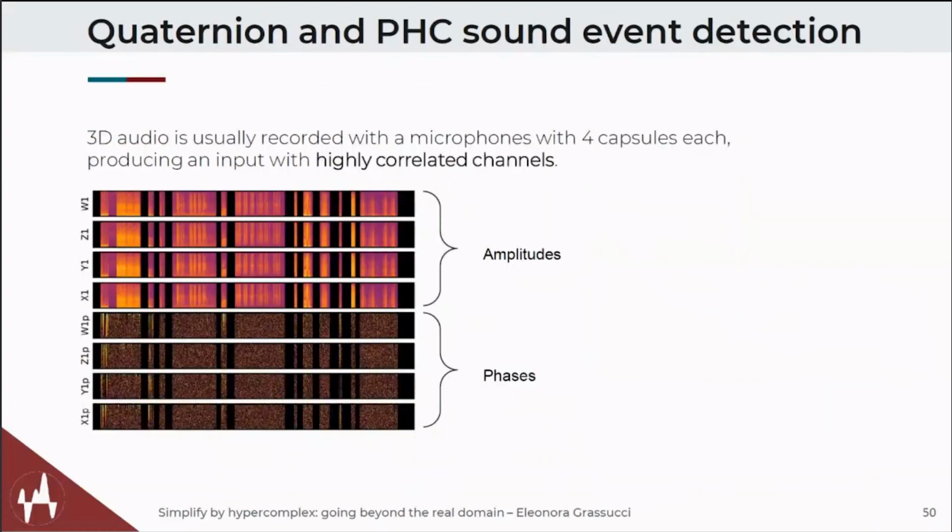We can go on. Another application you can see is sound event detection, in particular with ambisonic signals for 3D audio, which is quite crucial also in applications like extended reality and augmented reality, to build an immersive 3D audio scene. We can extract 4 amplitudes coming from the 4 microphones and 4 phases.